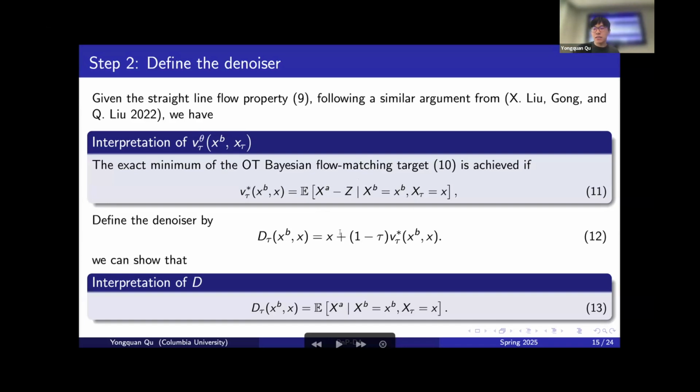And then we define this denoiser by this one, and we plug the interpretation of this neural network into this equation. With some easy derivation, using the linearity of expectation and the definition of conditional expectation, you can derive the interpretation of this denoiser, which is the expected value of your analysis given your background and your intermediate sampling or optimization step.